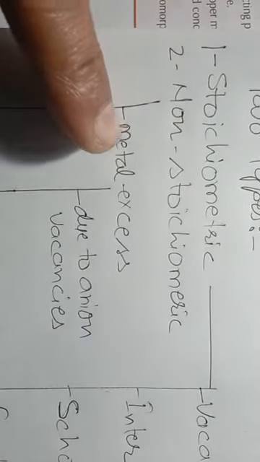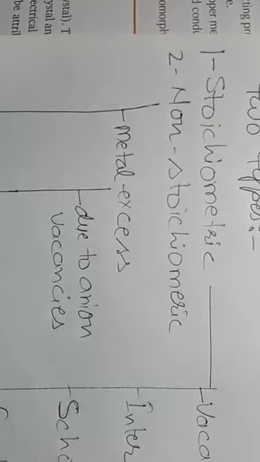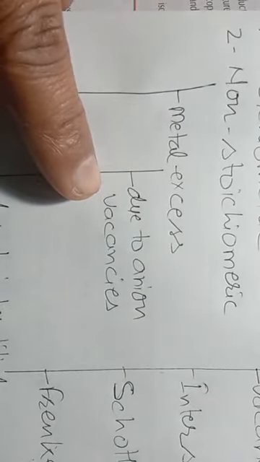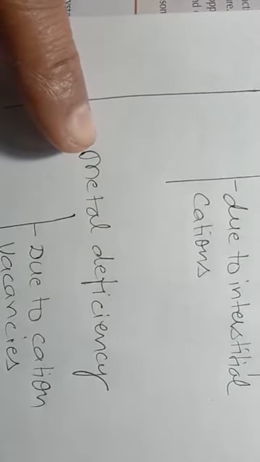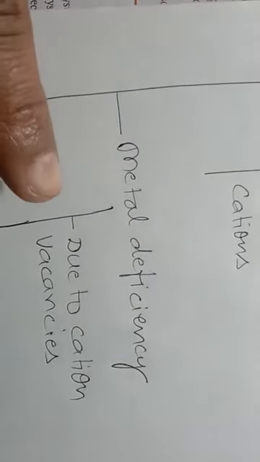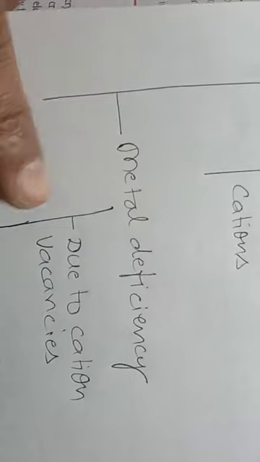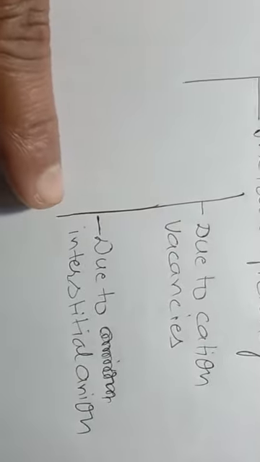Metal excess has two subtypes: metal excess defect due to anion vacancies, and metal excess defect due to interstitial cations. In the same way, metal deficiency defect is first due to cation vacancies, and second, metal deficiency due to interstitial anion.